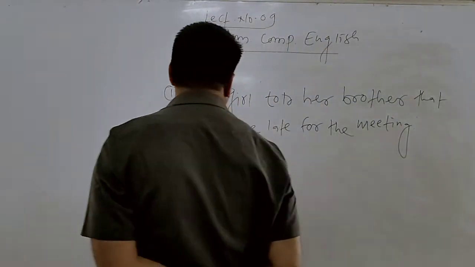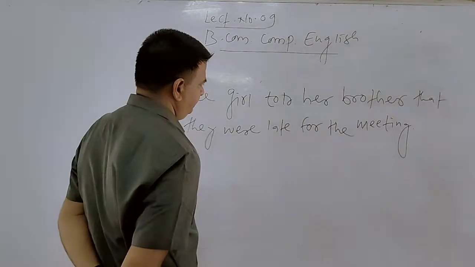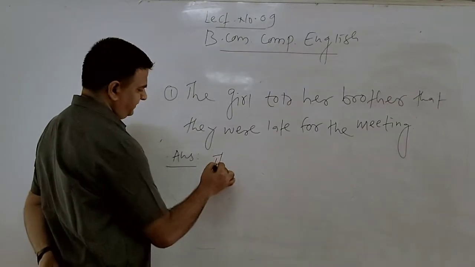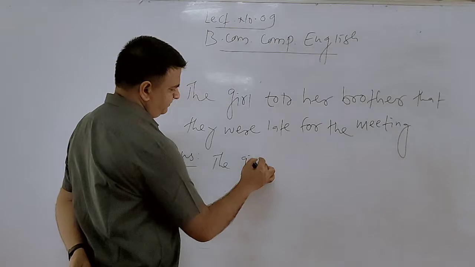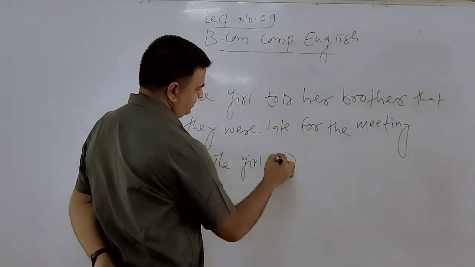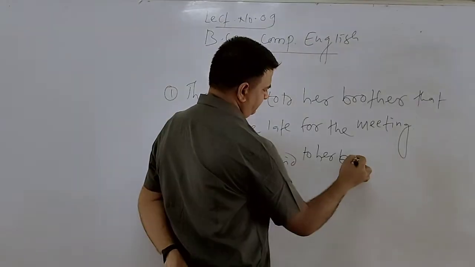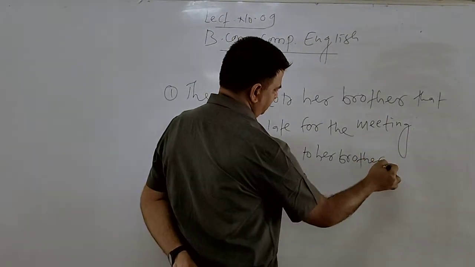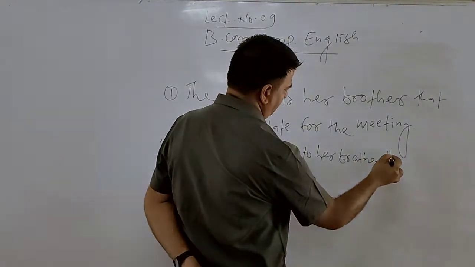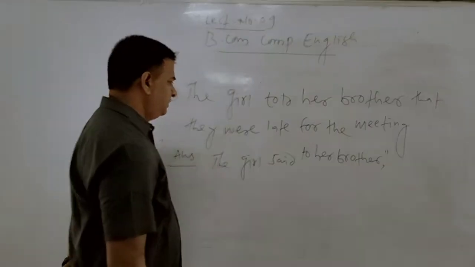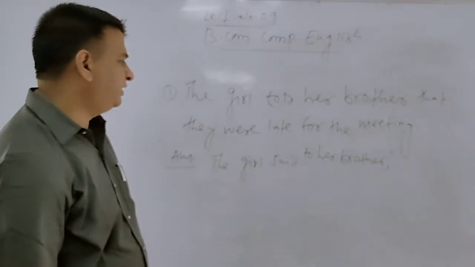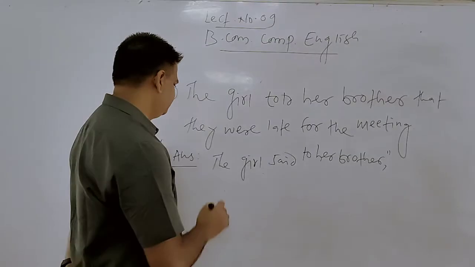The girl told her brother, means we simply say the girl said to her brother. This is the reported speech, and then comma, inverted comma. They were late for the meeting.